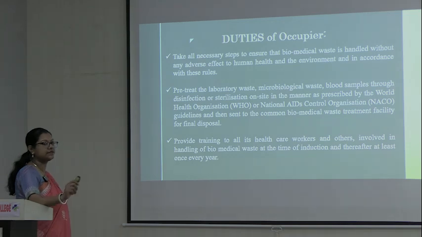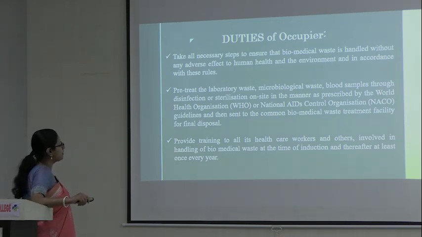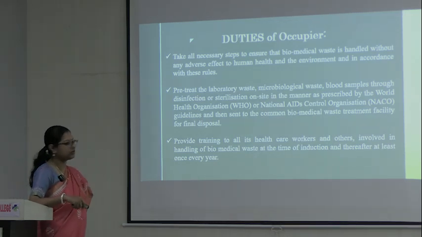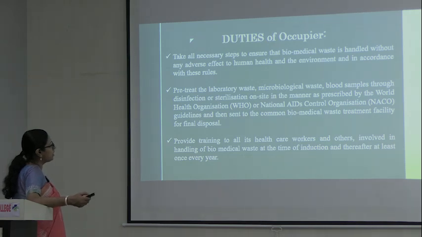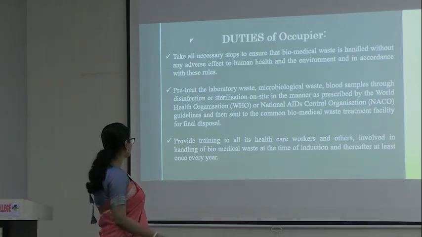On site means in whatever place it is generated, in the manner as prescribed by the WHO or NACO. NACO means National AIDS Control Organization guidelines, and then sent to the common biomedical waste treatment facility for final disposal.